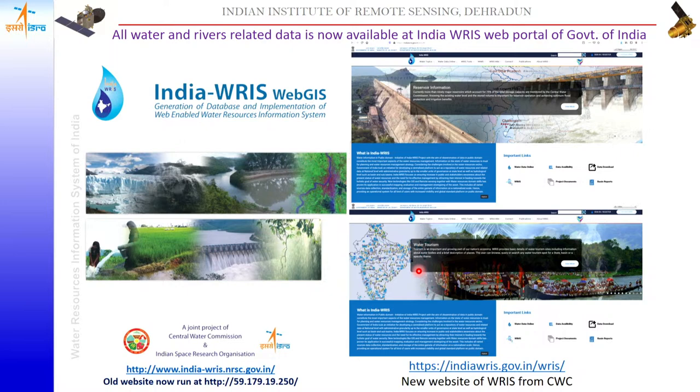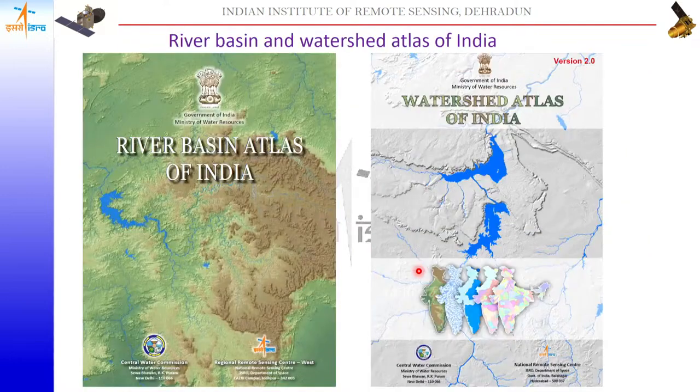So it was created with a joint collaboration, and now it has been fully transferred to CWC, working under the National Water Informatics Center, and a new website has also been launched. And all the river basin atlas, watershed atlas has been prepared, and they are available for all the users to access with some area limitation.